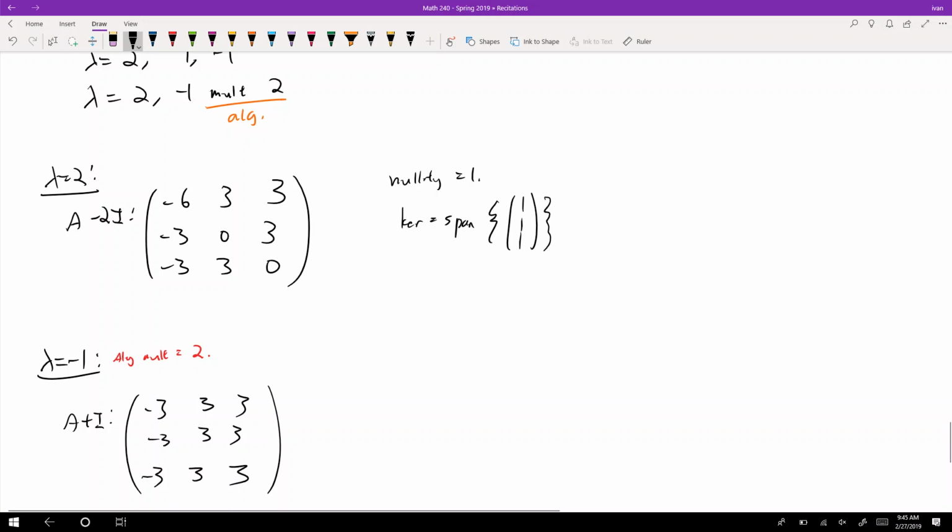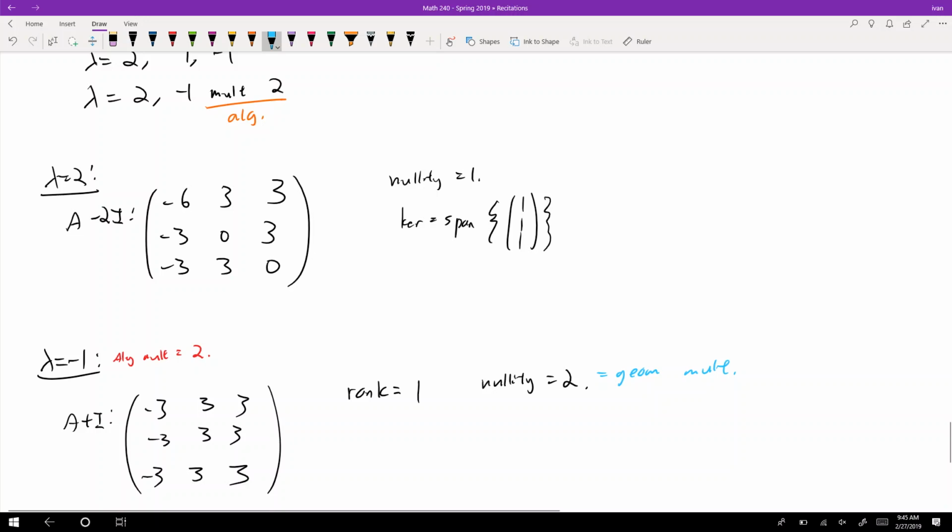Which is nice, because what is the rank of this matrix? Yeah, it's 1. So what's the nullity? It's 2.